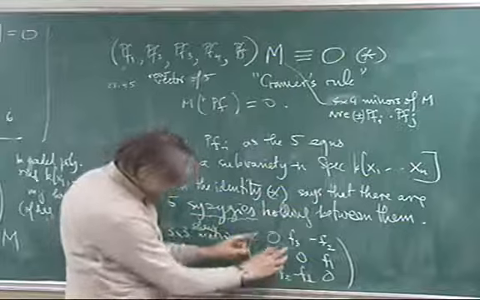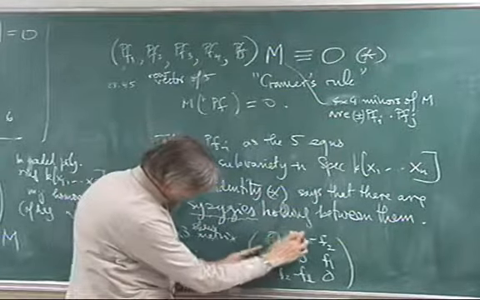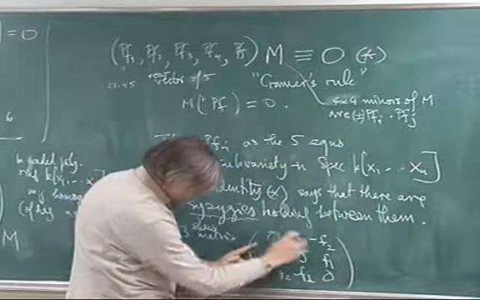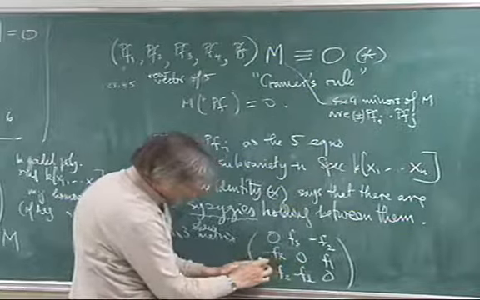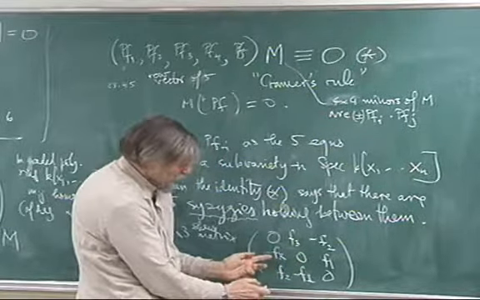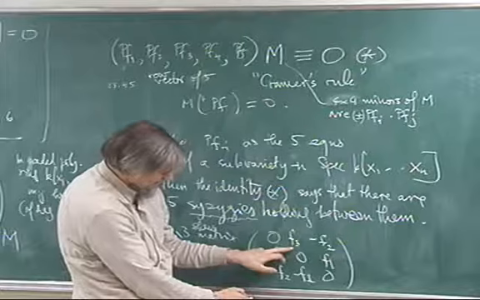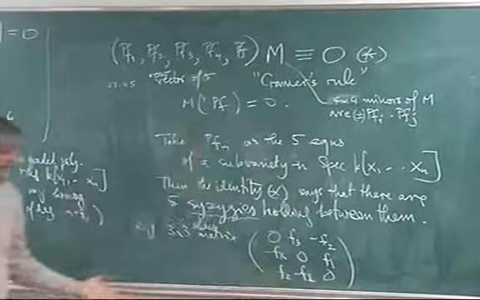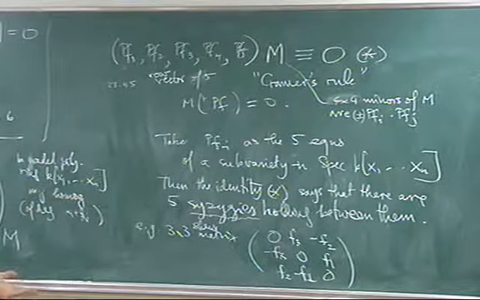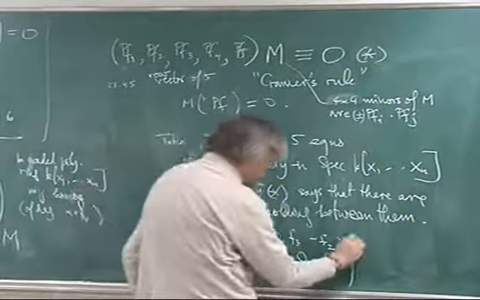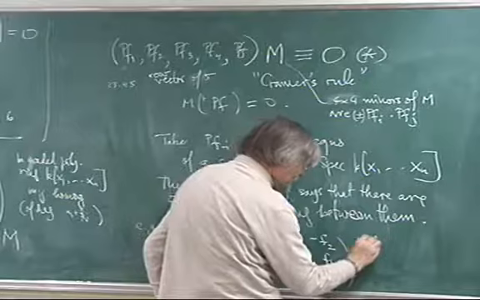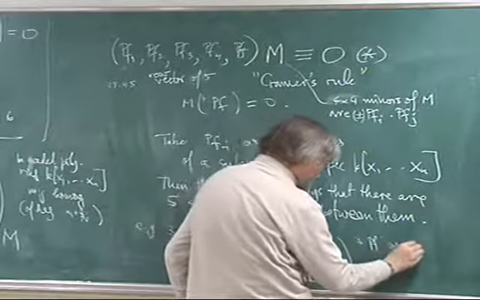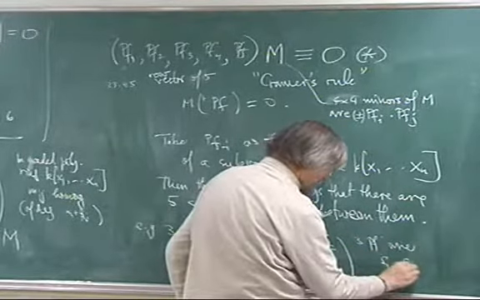If I calculate, let's do the diagonal ones first. We take this 2 by 2 block, its determinant is F3 squared. I take the square root of that, I get F3. This 2 by 2 block, the determinant is F1 squared, so I take that. So the three Pfaffians are F1, F2, F3.